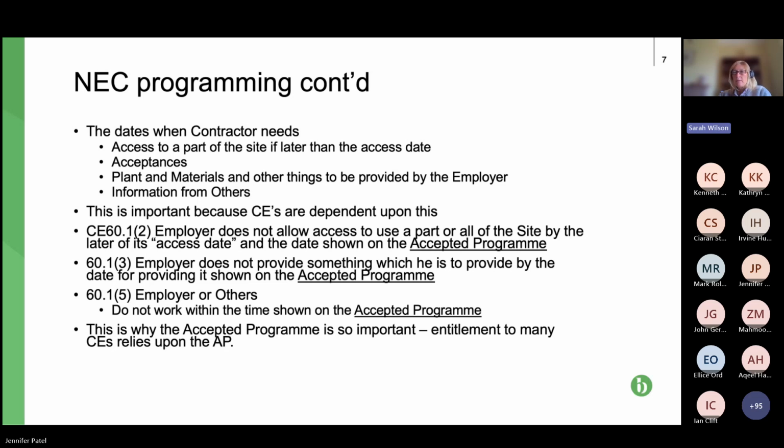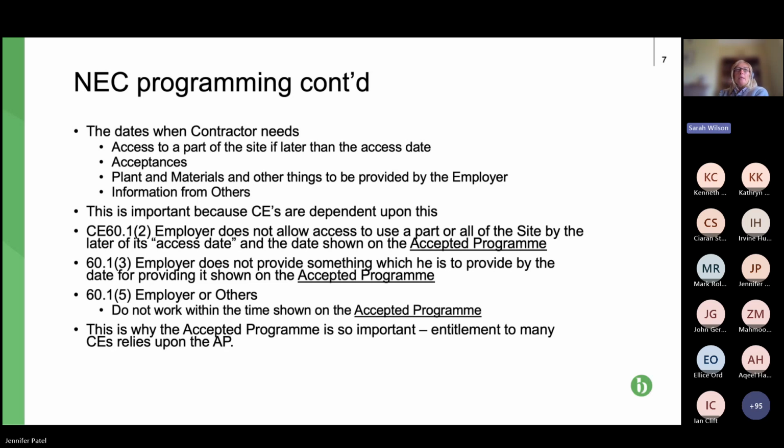So if it's not in the accepted programme, there's a good chance that if the dates aren't met, and typically they're dates to be complied with by the paying party, the employer or the contractor, the contractor can't measure it against the actual date of provision and therefore wouldn't succeed in a claim for a compensation event. So that's why the programme is important to contractors and subcontractors.